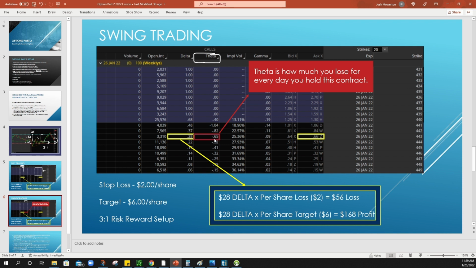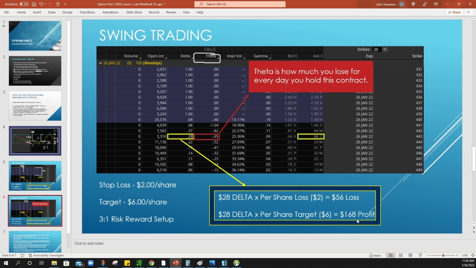So let me ask you guys a question. Without looking at theta, just the plan we've built, if you get stopped out, you're losing $56, correct? We're all on the same page. If you hit target, you're making $168, correct?